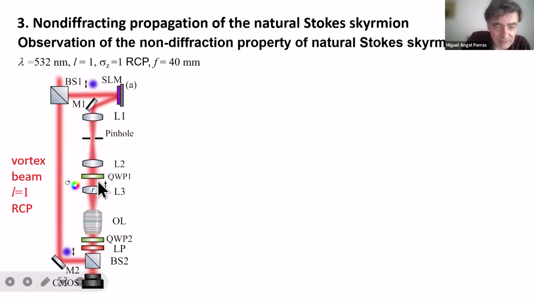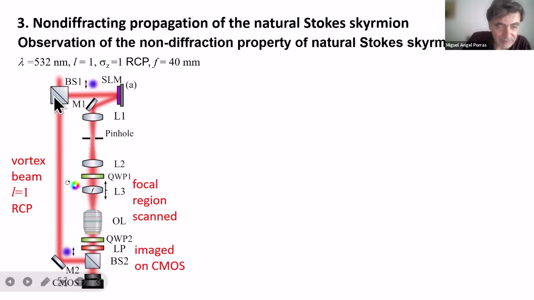And this quarter wave plate prints right-handed circular polarization. The beam is focused, and we scan the focal region, now not only the focal plane, but the focal region that is imaged in our camera.